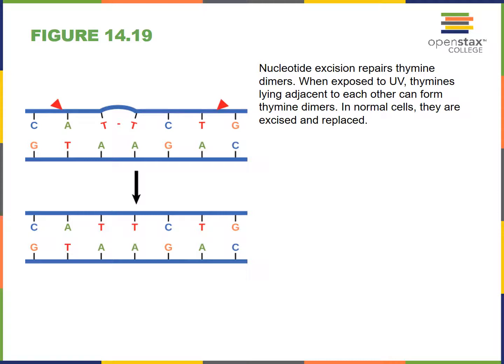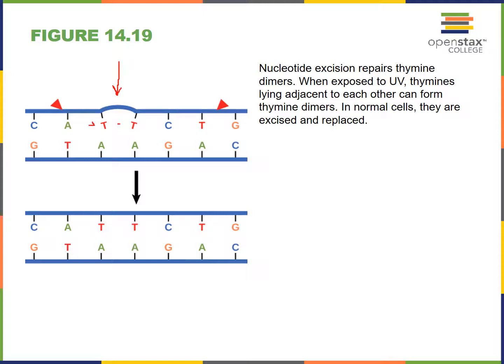The last type of DNA repair that we will talk about occurs well after DNA replication. A common result of ultraviolet exposure is this thing right here. It's called a thymine dimer.